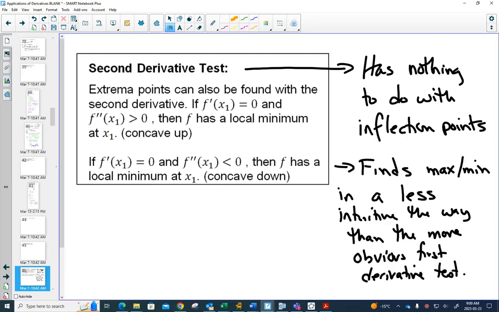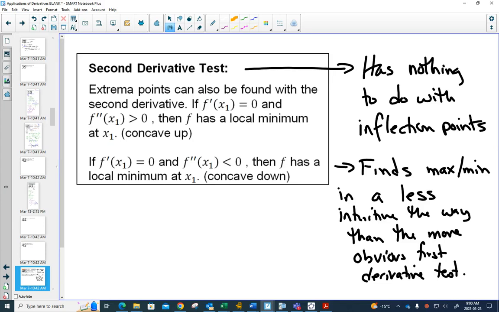It's so intuitive, the first derivative test, that you'd be like, why would I want to learn a second derivative test? When would it be useful? And truthfully, it's only useful when mathematicians make specific questions to see if you know the second derivative test. And it's going to happen. So we're going to have to know the second derivative test.